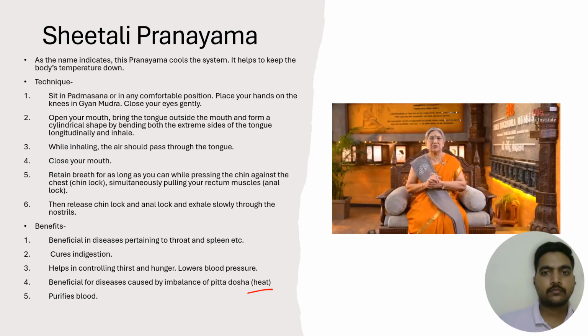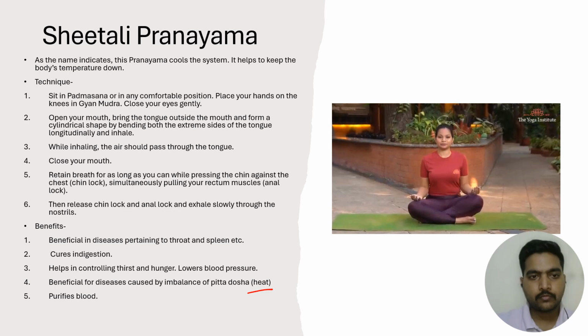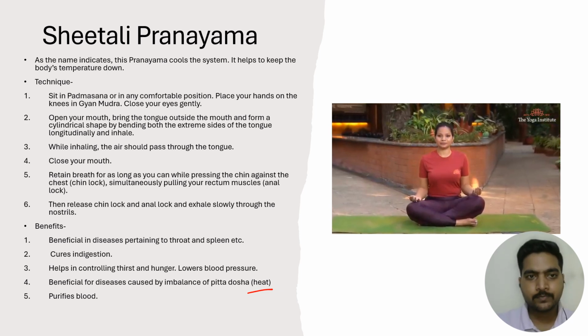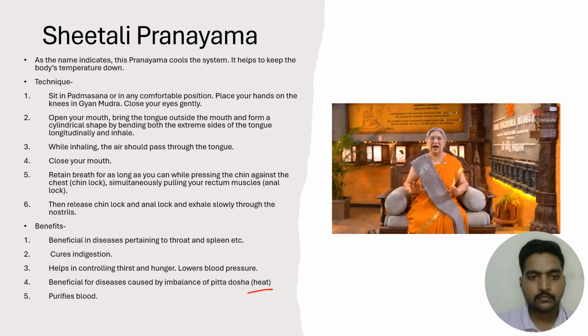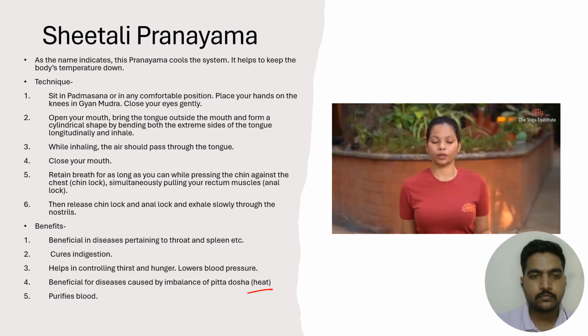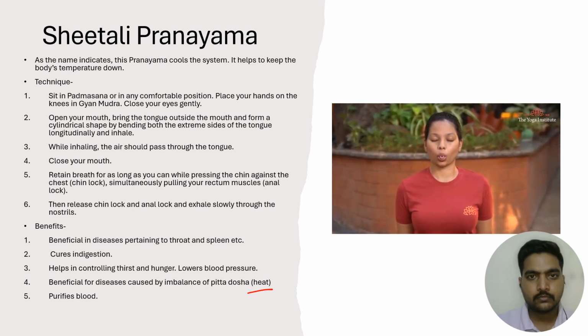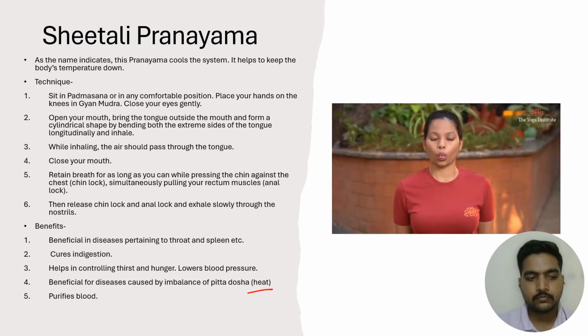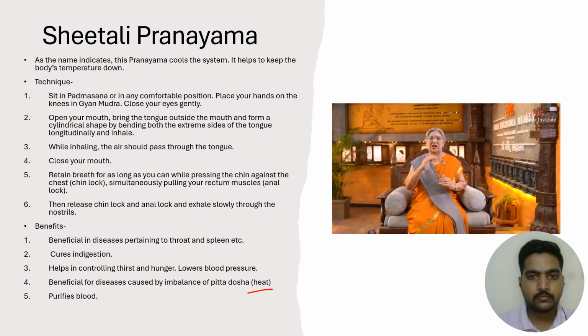Let's learn the steps to do the pranayama. Sit in any meditative posture with your spine erect, chin parallel to the ground. Relax your palms on the thighs and simply be in the moment. Pout your lips and stick out your tongue. Curl your tongue from the sides, turning it in so that it forms an O. Keep your chin straight.